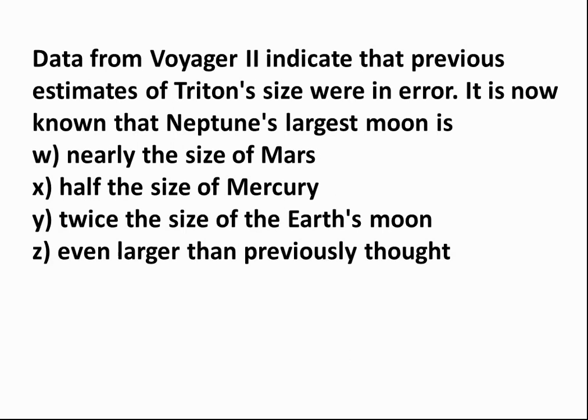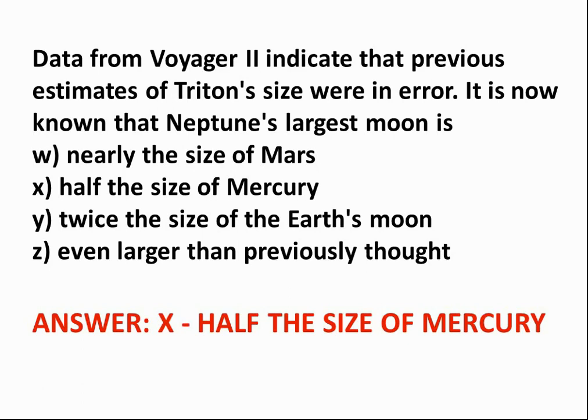Data from Voyager 2 indicate that previous estimates of Triton's size were in error. It is now known that Neptune's largest moon is W. Nearly the size of Mars. X. Half the size of Mercury. Y. Twice the size of the Earth's moon. Z. Even larger than previously thought. Answer: X. Half the size of Mercury.